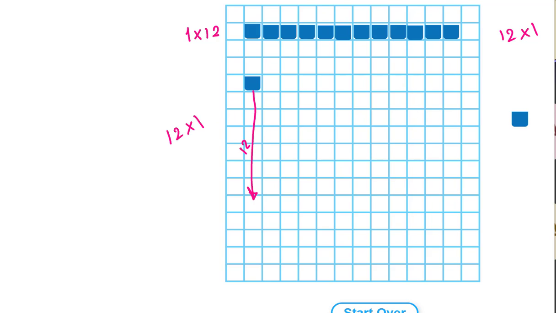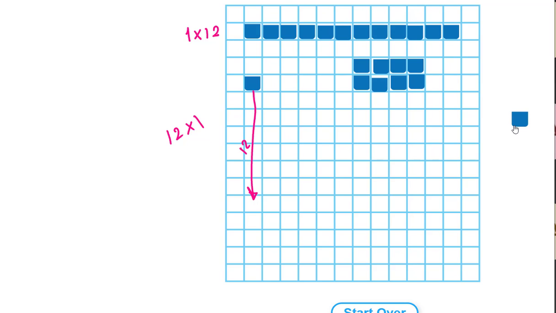Can we use 2 rows? Yes. If I use 2 rows, how many columns should I use? 6 in the first row and 6 in the second row. 6 columns, yes.